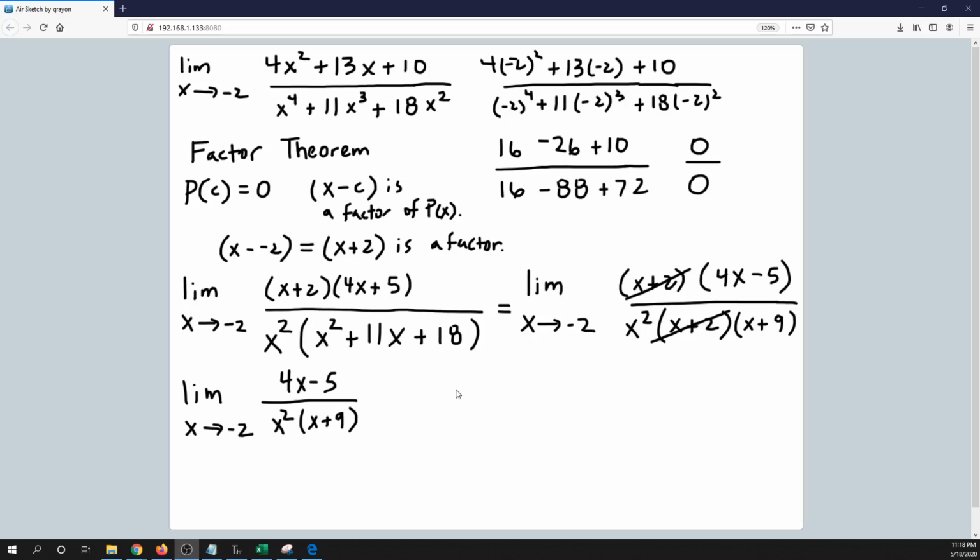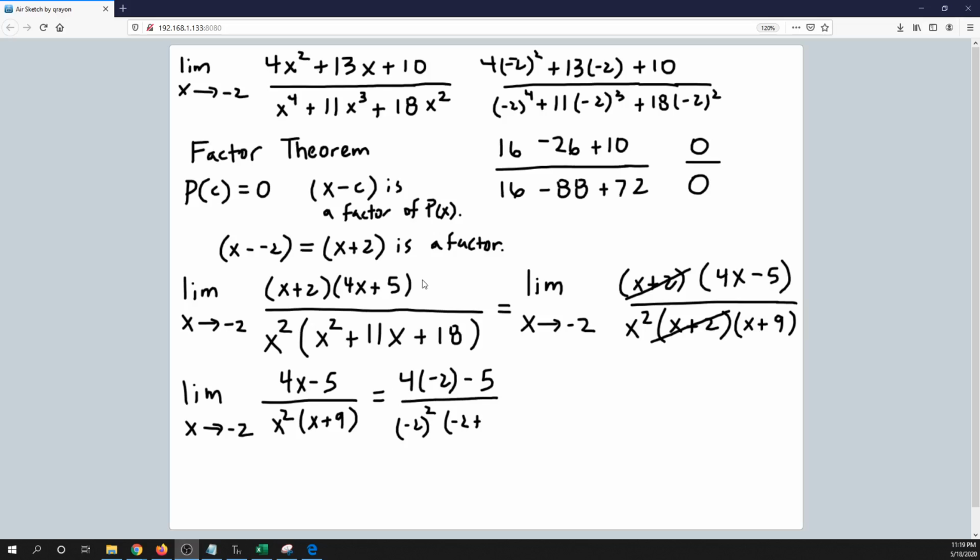And then see what we get. All right, so when we plug in the -2, we get 4 times -2 minus 5 over -2 squared times -2 plus 9. Oops, and I just noticed that I had a mistake here, which I need to fix.